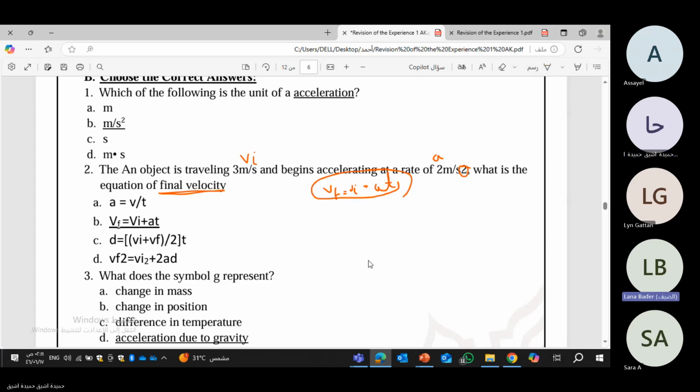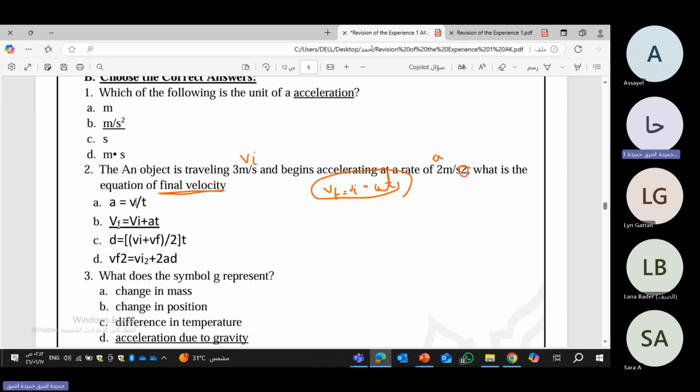Miss, I have a question. Here the 3 is the initial velocity and the acceleration is 2. How do we know the final velocity if we don't have the time? Of course there will be T, Yelana.